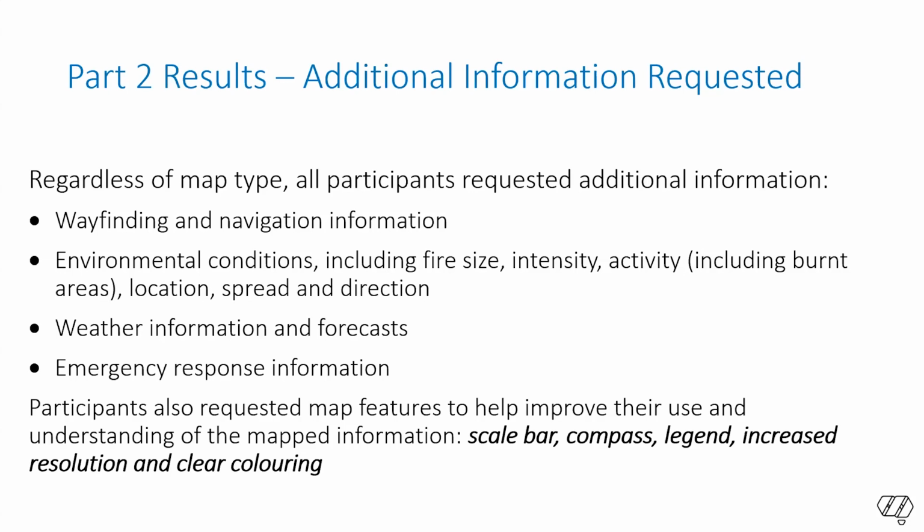And participants also requested additional map features to help improve the use of maps as well as their understanding. So a scale bar, a compass, legend, and certainly increased resolution and clear coloring.